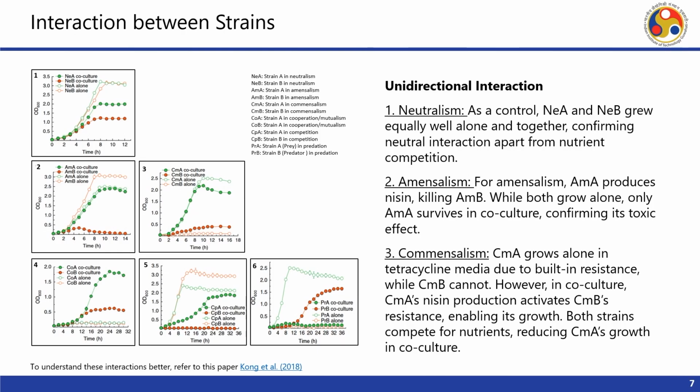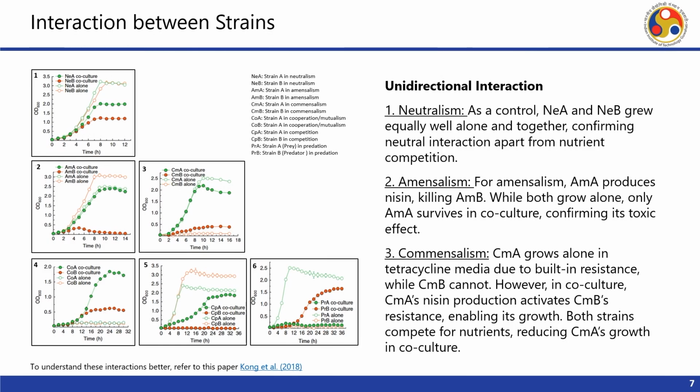For example, in this case when NEA is co-cultured, here the strain is growing at a much lower rate than it used to grow when it is grown alone. So, this is some kind of a neutralism. As a control, NE-A and NE-B grew equally well alone and together, confirming neutral interaction apart from the nutrient competition.